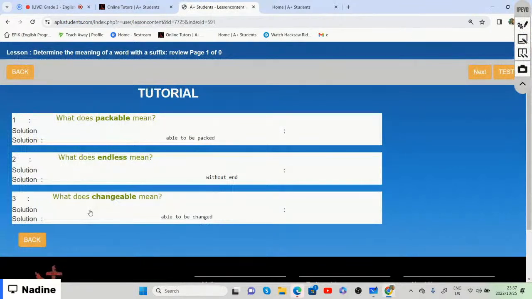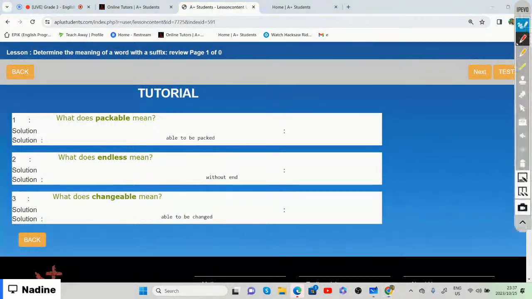And we said the word less means without, right? So less means without. So what does packageable mean? This is now a review on some of the words that we did already.